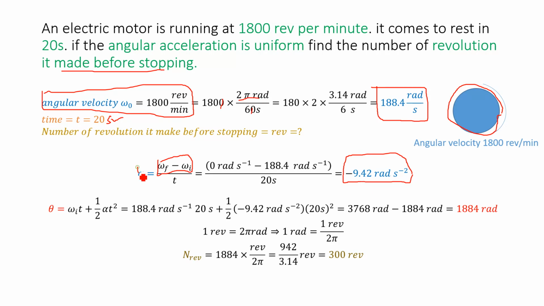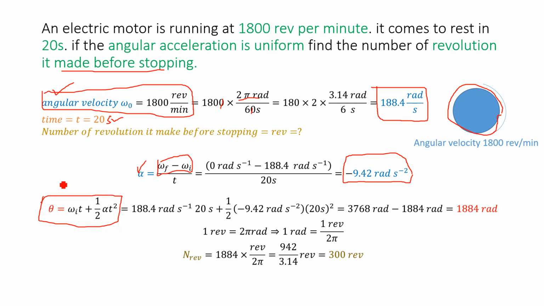Now we know the value of angular acceleration, angular velocity, and the time. We will determine the distance it travels in 20 seconds, or in angular form, this is known as theta. This is the second equation of motion, in angular form.